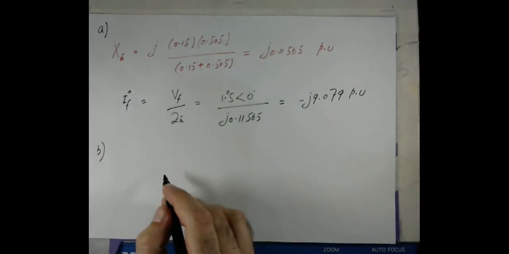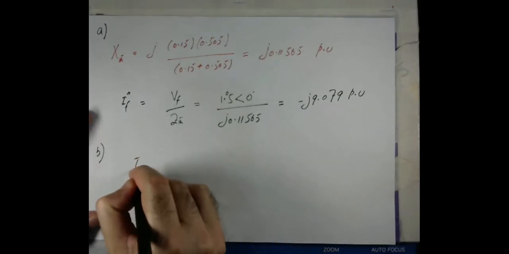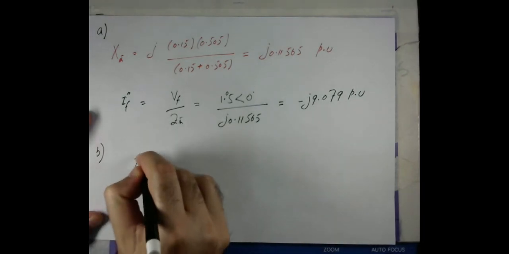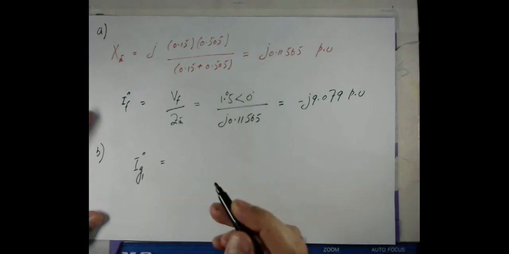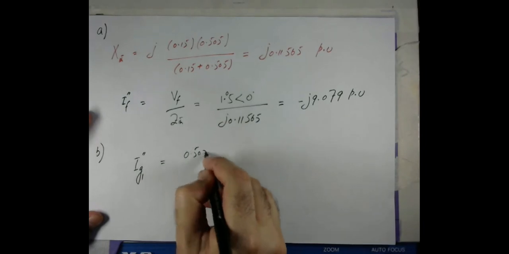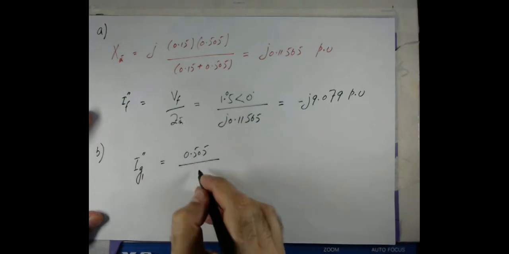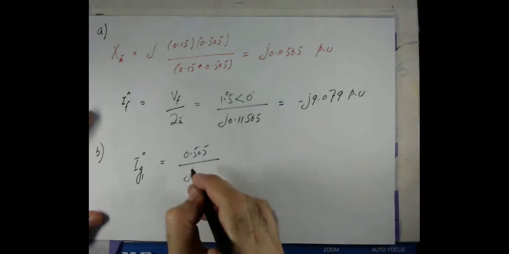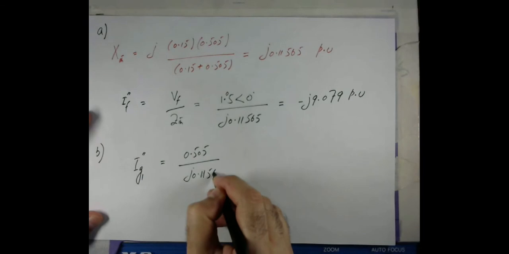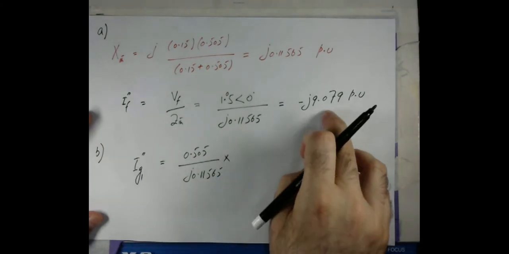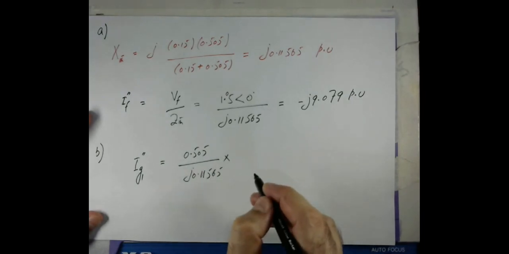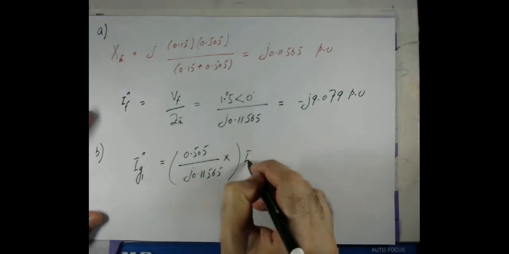Now that will become, as you are very well familiar with the current division rule, 0.505 divided by the total reactance, which is equal to 0.11565, multiplied by the total current, IF double prime.